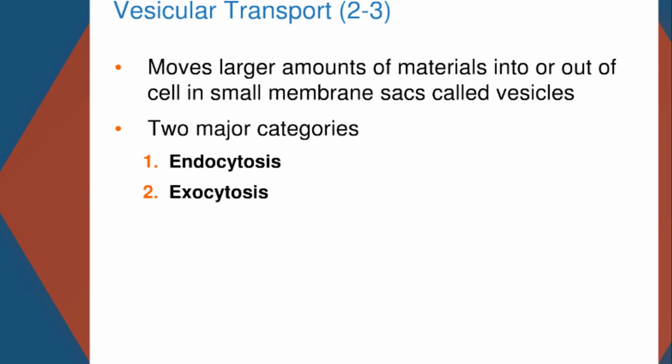In contrast with endocytosis, exocytosis, taking out of the cell, is the process of a cell exporting material using vesicular transport. Many cells manufacture substances that must be secreted, like a factory manufacturing a product for export.